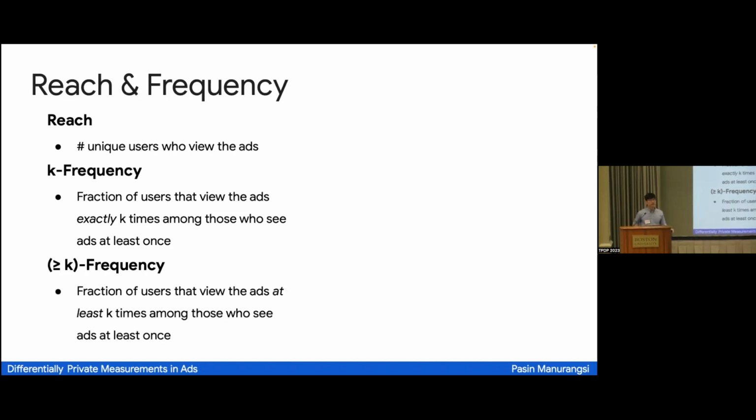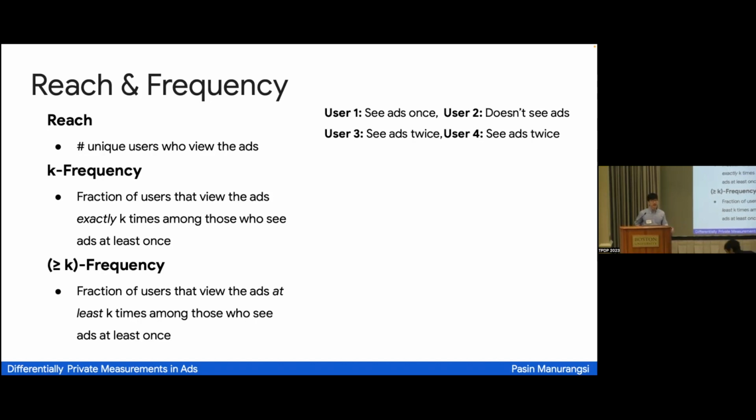This is the cumulative version of K frequency, where we count all the users that see at least K ads, not just exactly K ads. Okay, just a basic example here. If there are 4 users, the first user sees the ad once, the second doesn't see the ad at all, and the third and fourth users see the ad twice, then the reach will be 3 because all but the second user see the ad.